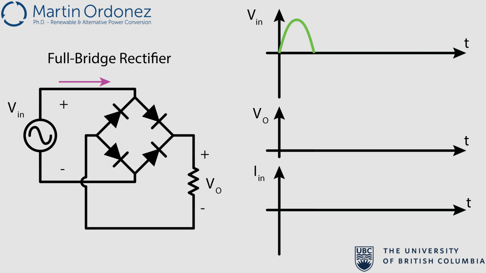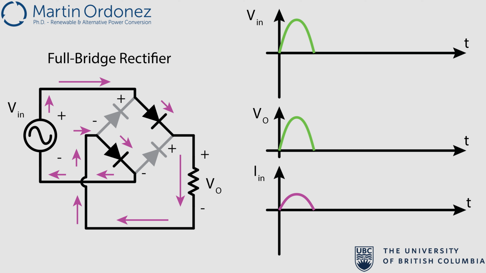During the positive half cycles, a positive voltage is applied to the diode bridge, which results in turning 2 of the diodes on, while the other 2 diodes are reverse biased. In this situation, the output voltage is the same as the input voltage.